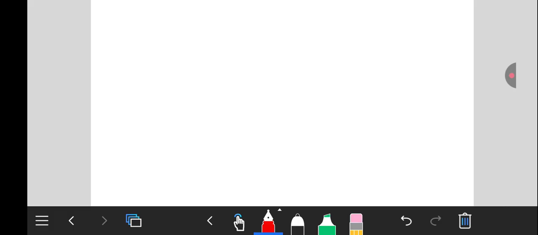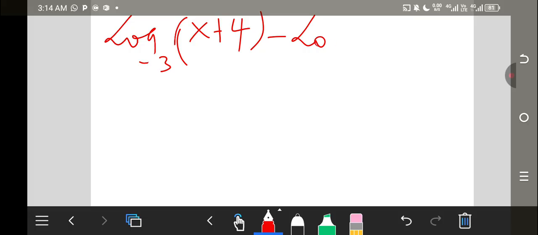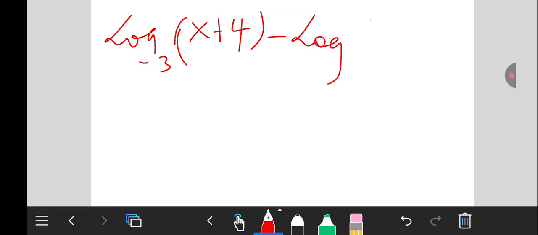Okay, so we are simply going to say log open bracket x plus 4, this is in base 3, then minus log, it was 27 minus 2x.